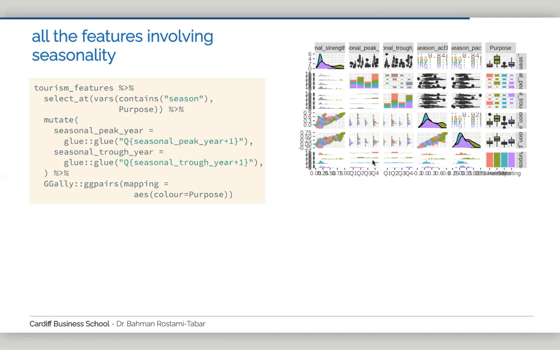It is not, again, very clear here, but if you go to the book, you will see that one of these bar charts is about peak, and another one is about troughs. And then again, you see that, for example, the peak for the business purpose is occurring in Q4, while this is different for holiday.